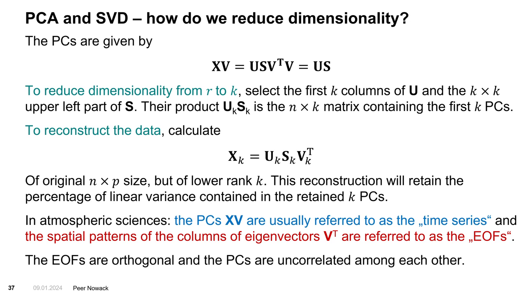As already mentioned, the principal components, which are just equal to the transformed initial data through the eigenvector matrix, are usually referred to as the time series when you have time series applications, which just show the evolution of the system over time as seen through that first eigenvector, whereas the spatial patterns of the eigenvectors are referred to as the EOFs.